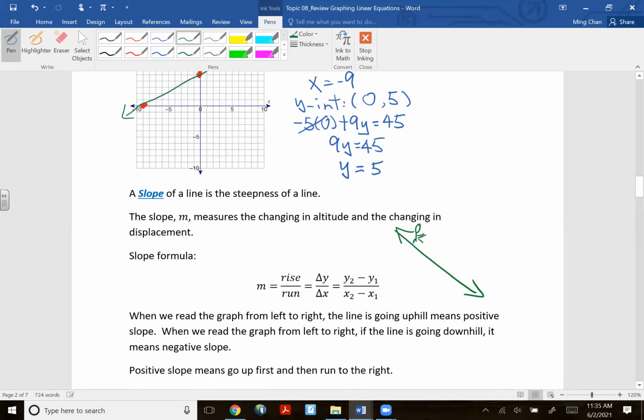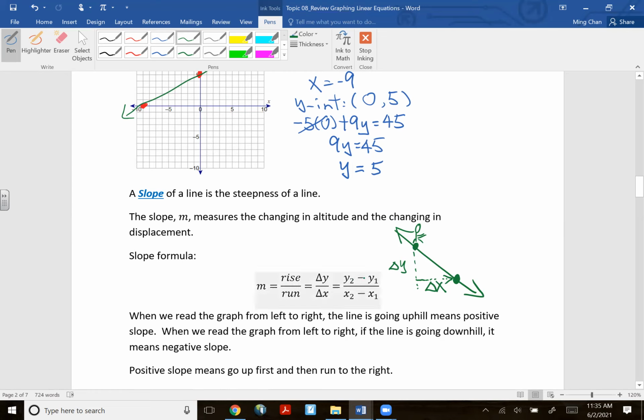If one person goes from here to here, going down the hill, you're changing your altitude, your y direction, as compared to the change in displacement. You're going down and forward at the same time. So it's about changing altitude as compared to changing displacement. That's why it's called rise over run.